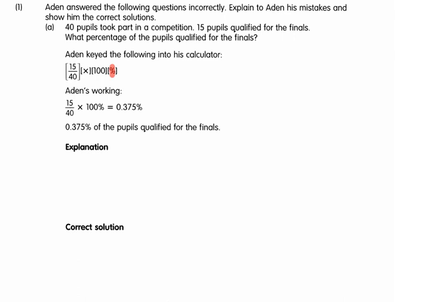Second thing, let's look at Aiden's working. Now he actually put this times 100% equals to 0.375%.